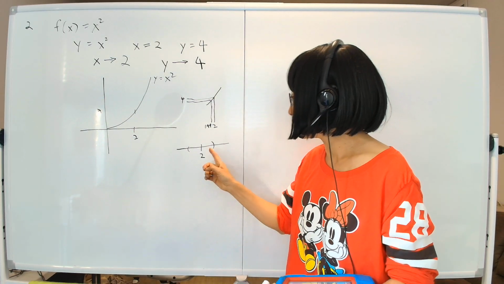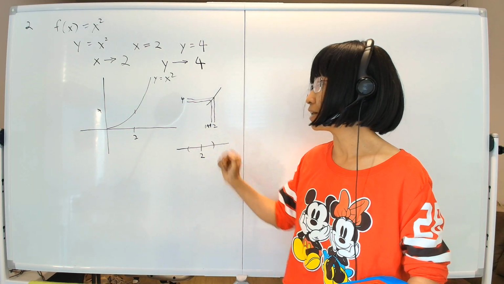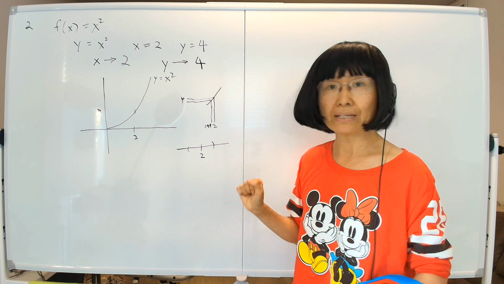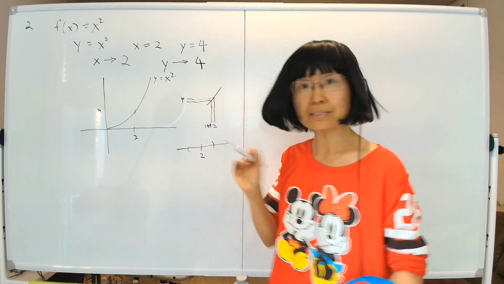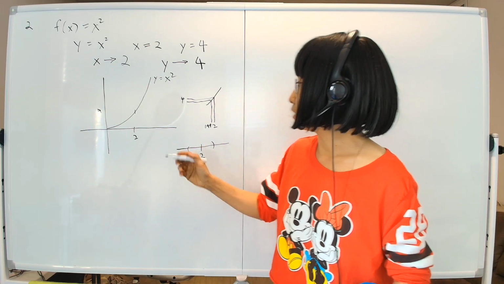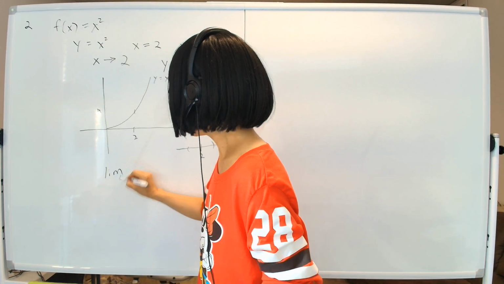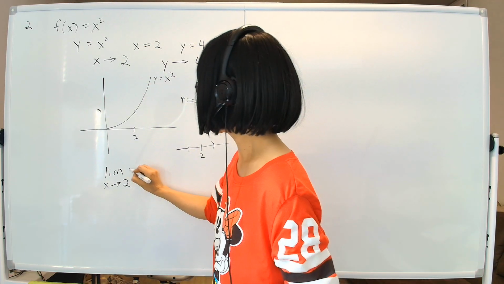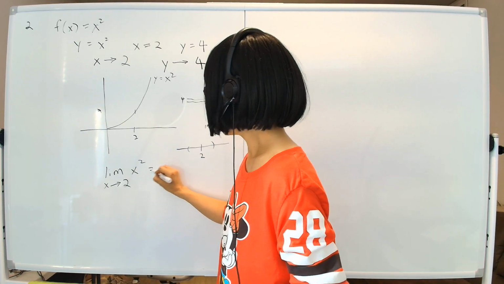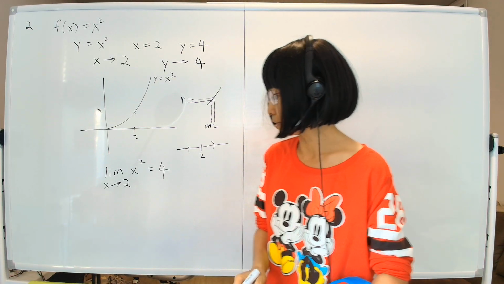Everything in here, the y value will be very close to 4. And when that happens, we say that the limit exists. Here's how we write it: the limit as x approaches 2 of the function x squared equals 4.